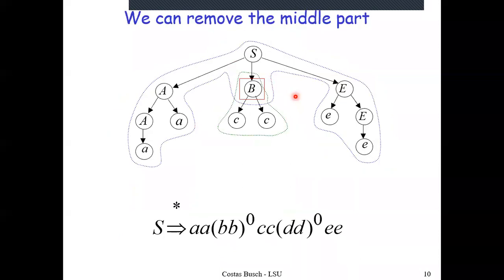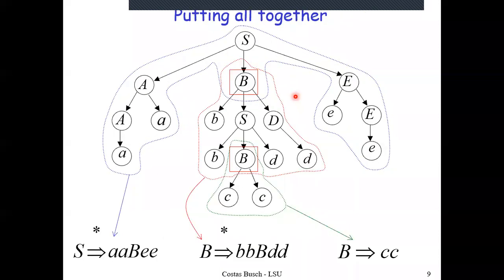Now I am going to modify this derivation tree. How am I going to modify it? If I look at the middle subtree, its root is the variable B. And this variable B is also a leaf of the outer subtree.